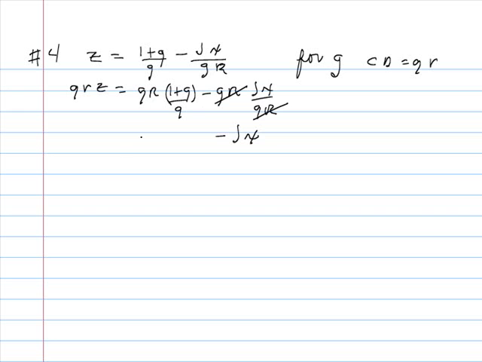Okay, what about the other terms? Well, on the left, just GRZ. Again, I'm going between small and big R's. I need to stick with the big R there. How about this term? Well, here the G cancels the G. So again, I get R times 1 plus G.